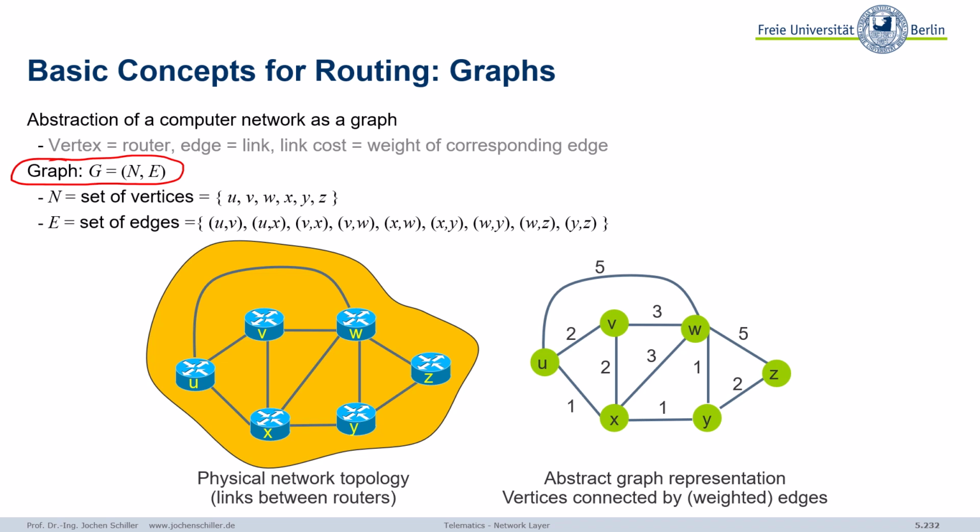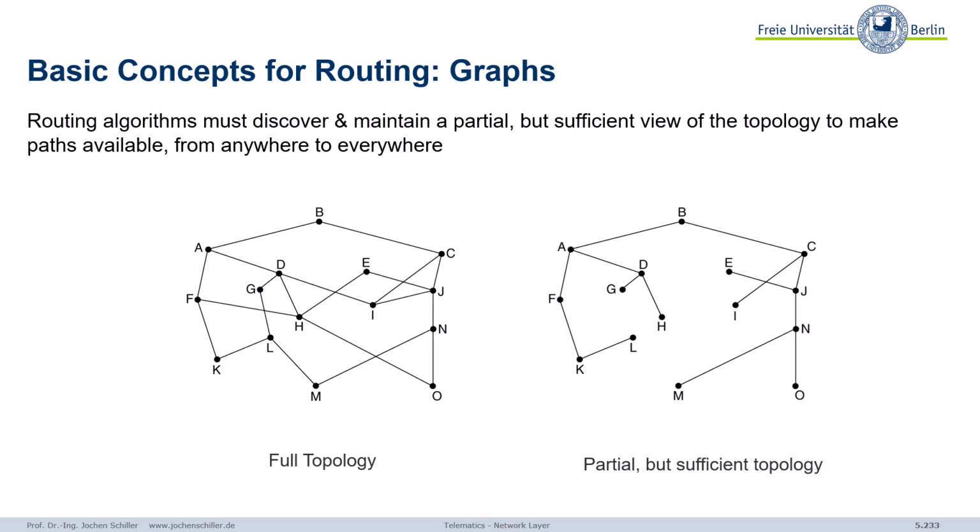So in real systems, we have to at least discover a partial graph that is sufficient for the task to find a path, but that we can handle. What you see here, the partial graph example, is sufficient to find a way.